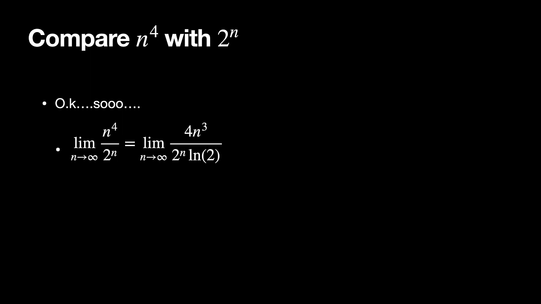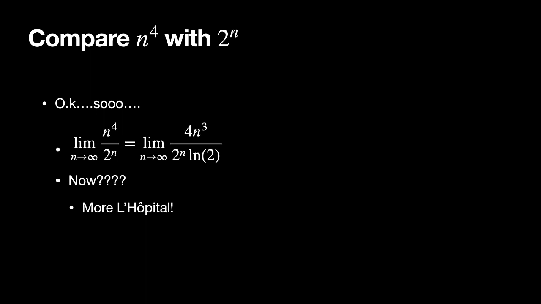Oh gosh, so that leads us to kind of a messy formula, 4n cubed over 2 to the n times natural log of 2. So it doesn't seem like that got us very far, but we could continue to apply L'Hopital's rule and see if we can get this to be any simpler.